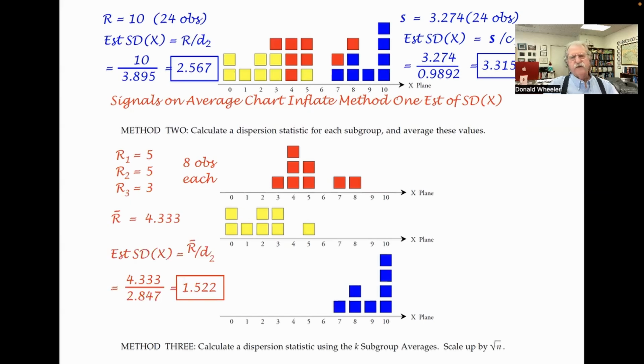So our estimate of the standard deviation parameter will be R bar over D2. So that's 4 1/3 divided by 2.847 is 1.522. Exactly what we got on page 29.